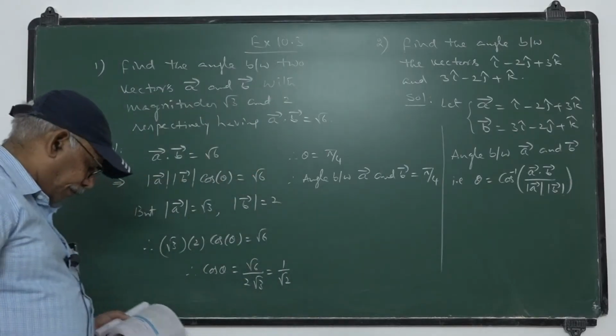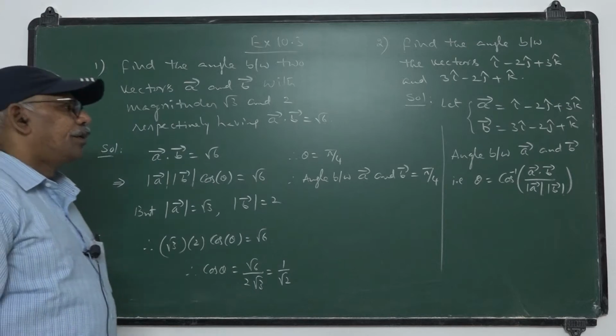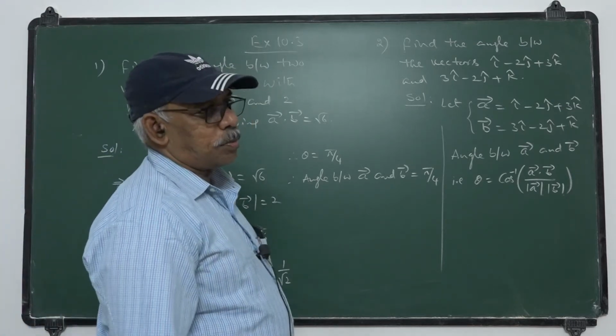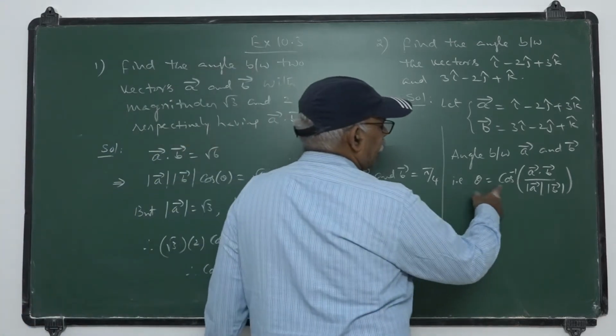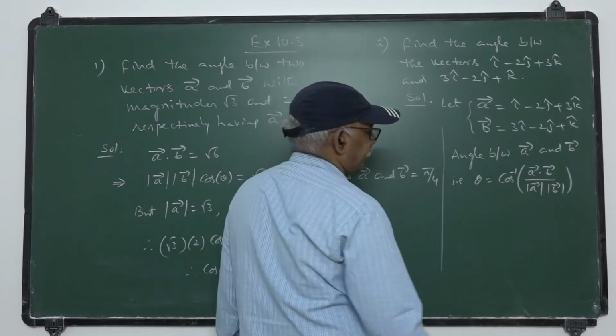This is the formula for finding the angle between two vectors based on the dot product. Theta equals cos inverse of A bar dot B bar by mod A bar mod B bar.